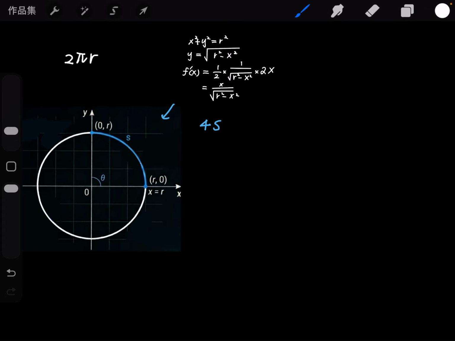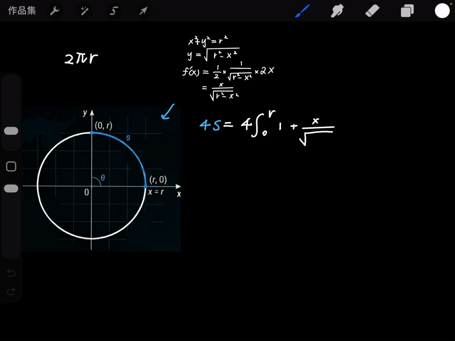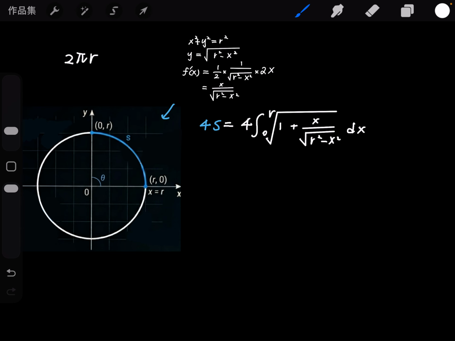And to write it in the integration form, it will equal 4 times the integration from 0 to r of the square root of 1 plus x over the square root of r squared minus x squared, squared, with respect to x.